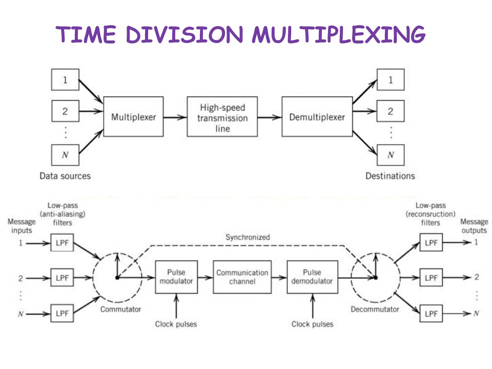The second diagram internally shows how the message is transferred. First, the message inputs are given into filters. With the help of filters it is synchronized because it is time division, and it is decommutated, and then with the help of a low pass filter it is filtered again and the outputs are received.